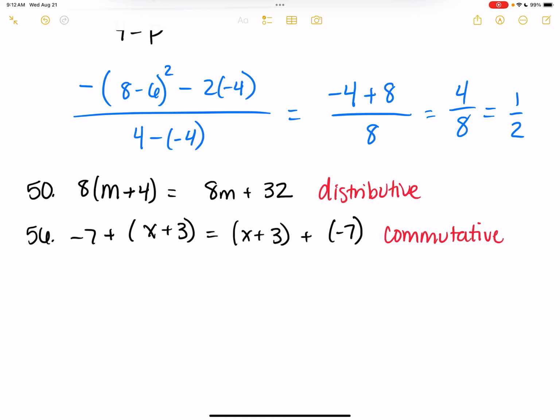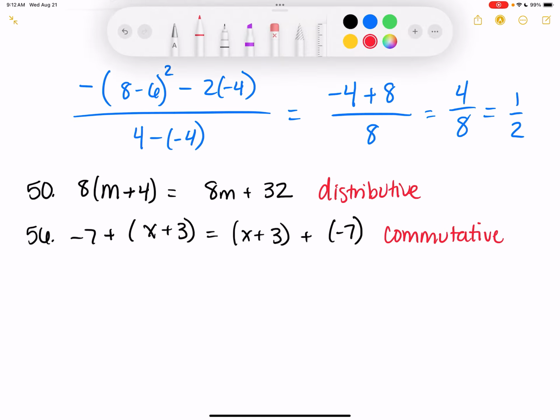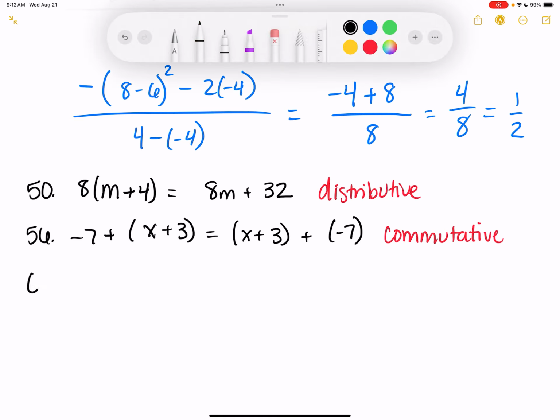The next ones are simplifying questions. So 64, we have 3/4 r times -12. So how would I simplify that? Distributive.